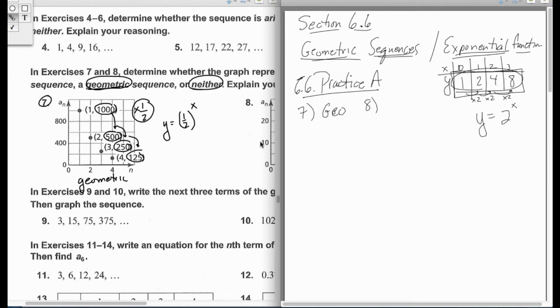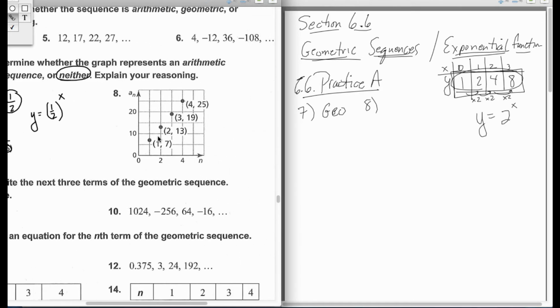Number 8, notice what's happening here. For every time that x goes up by 1, 1, 2, 3, 4, the y values are increasing steadily by a particular difference, a set difference or a sum that you're adding. 7 to 13, you get that by adding 6. 13 to 19, add 6. 19 to 25, you add 6.